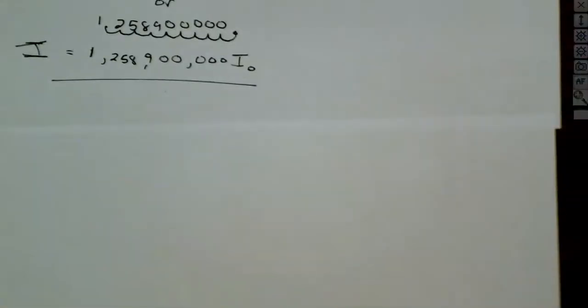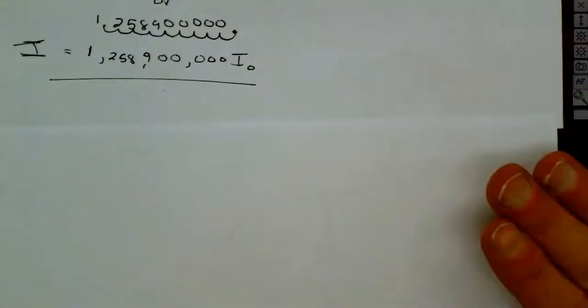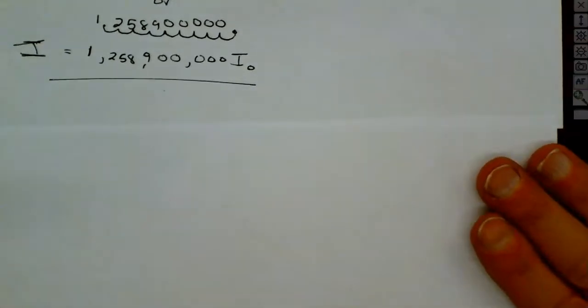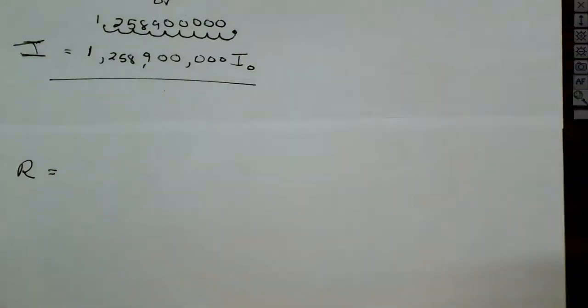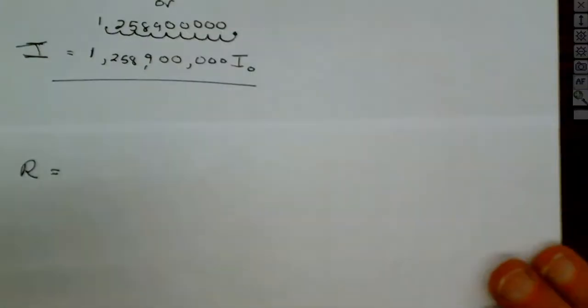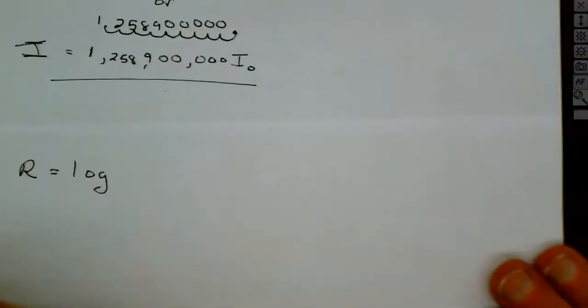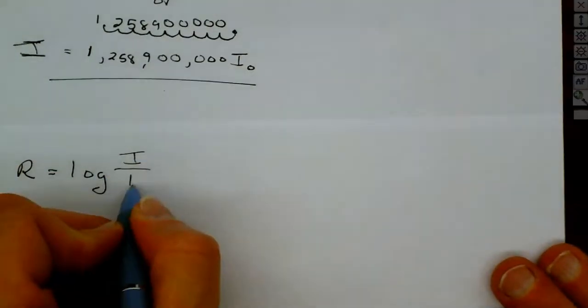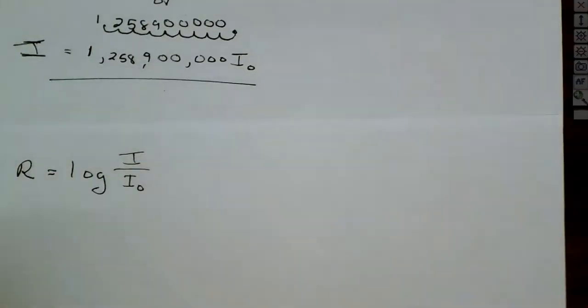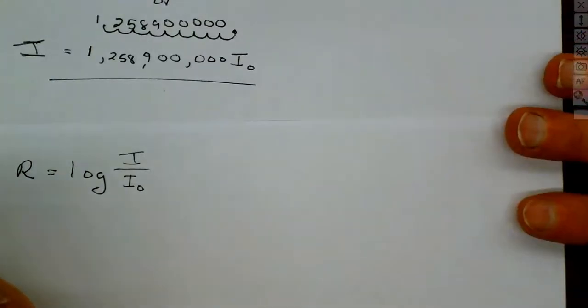Okay, so let's see how we would set this up. What's our Richter scale? We use an R for the Richter scale, so R is going to represent the Richter scale. And that is log, and we don't have to write base 10 because we know it's base 10, of I over I naught.